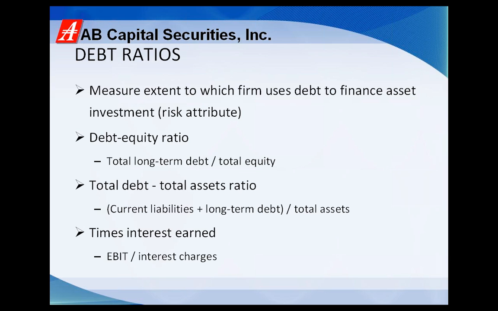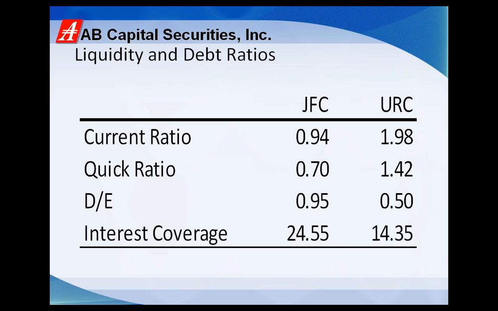Now, we would show you an example of liquidity and debt ratios of certain listed companies. We're showing you here two food companies, Jollibee Foods Corporation on the left and Universal Robina Corporation.